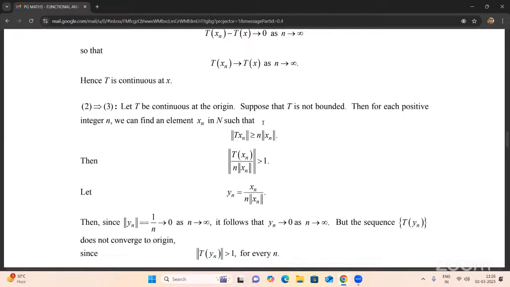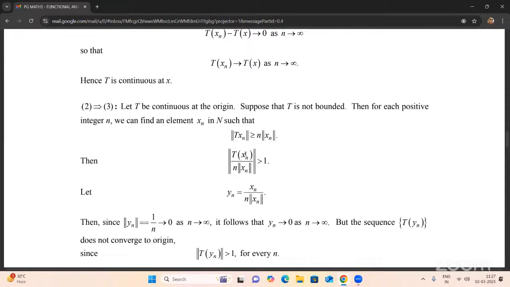Dividing on both sides by n into norm xn, norm T of xn by n into norm xn is greater than or equal to 1.